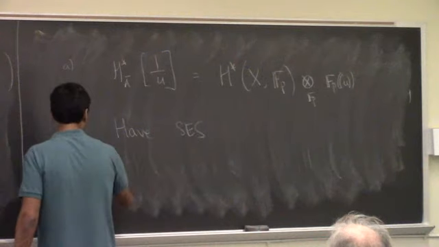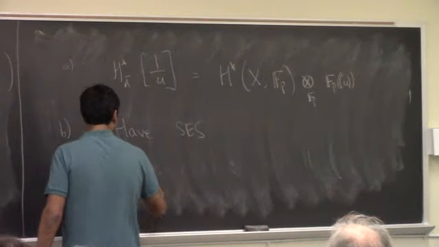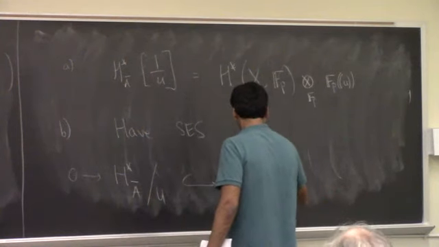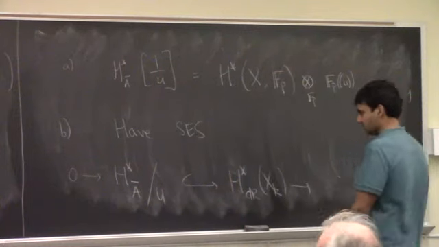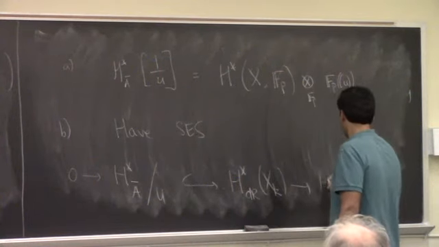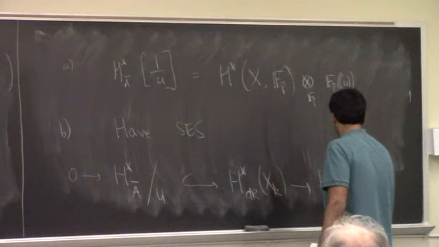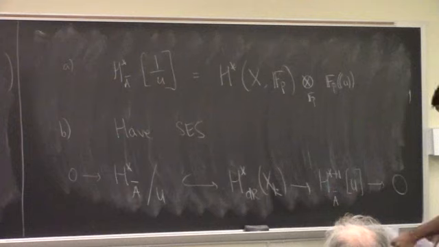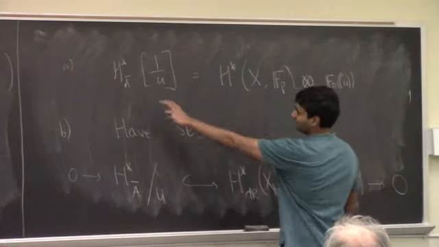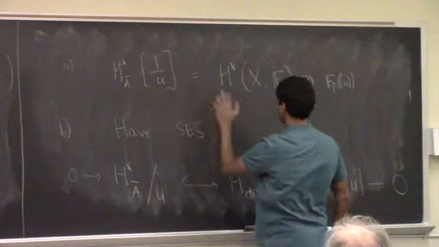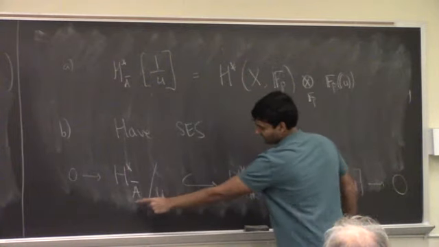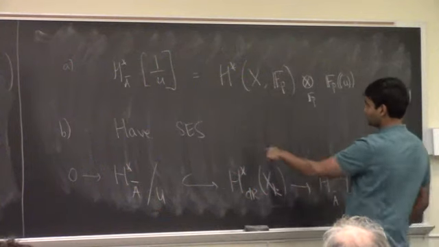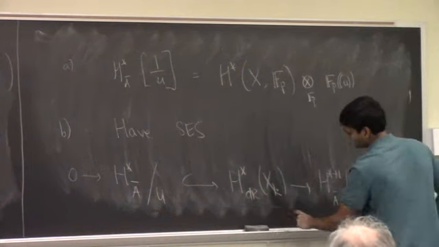So 0 goes to A star of A bar mod u, which sits inside the de Rham cohomology I'm trying to understand. And then the cokernel is torsion in degree 1 higher. But in particular, the dimension of the generic value of this module is this guy. And at the special values, the size of this module is a lower bound for the size of this guy. And so you immediately combine these two to deduce that the dimension of this one is less than the dimension of this one.